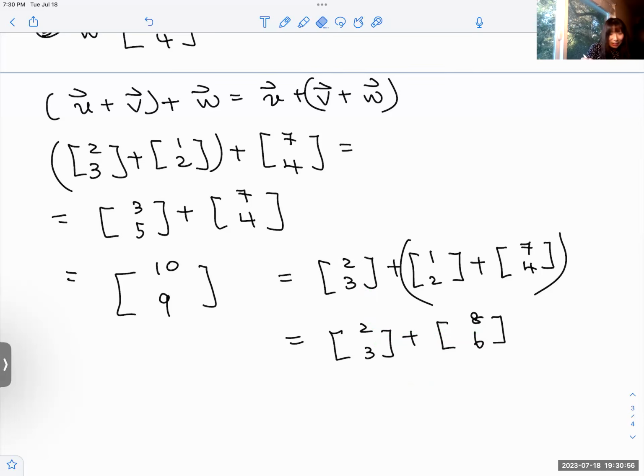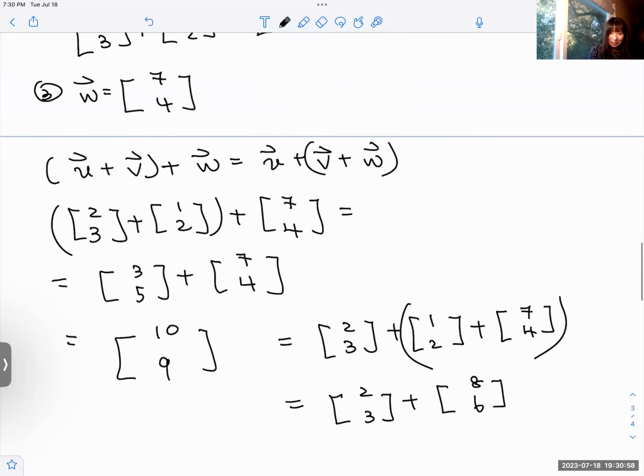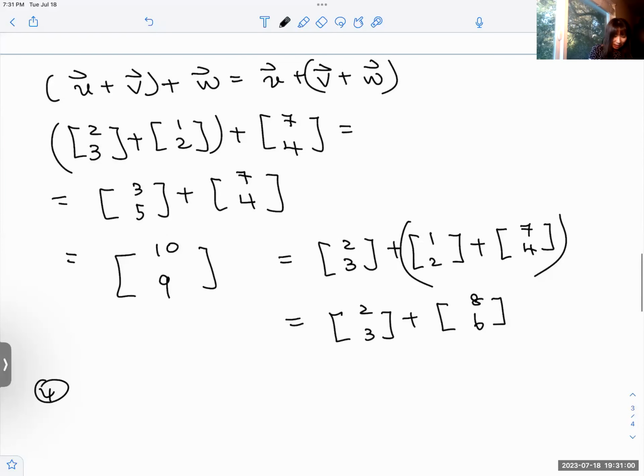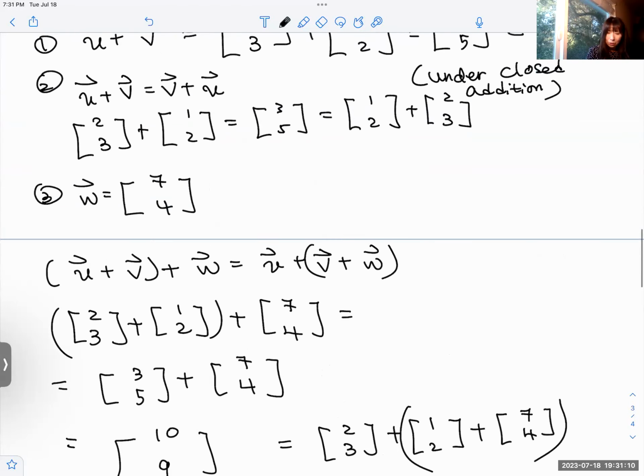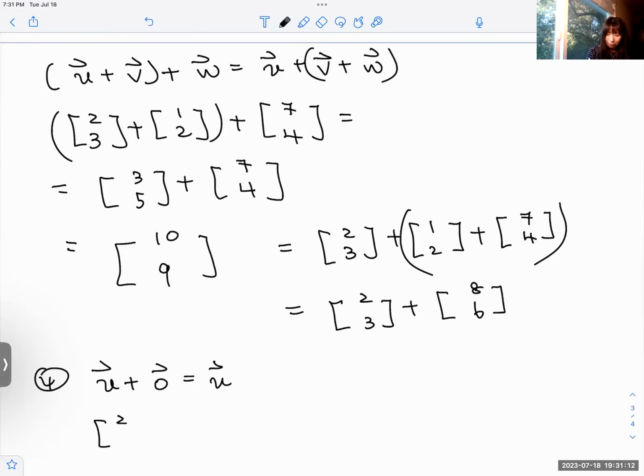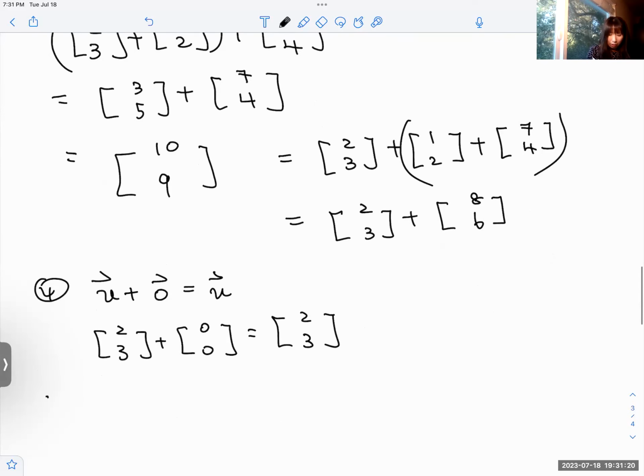Now we have number 4. Let's make u plus the zero vector the same as u. So u was 2, 3, plus 0, 0, which is 2, 3, which is u. Okay, number 5.